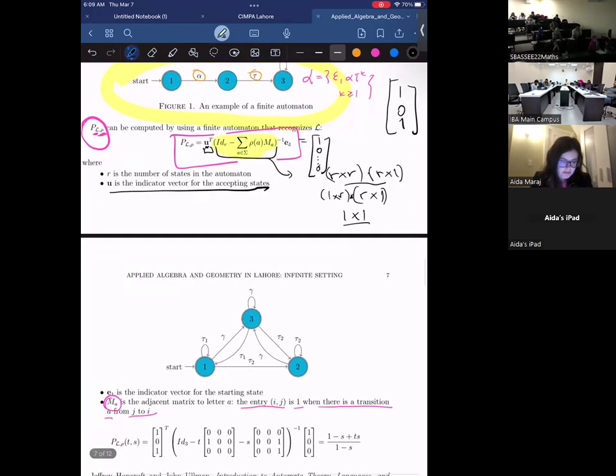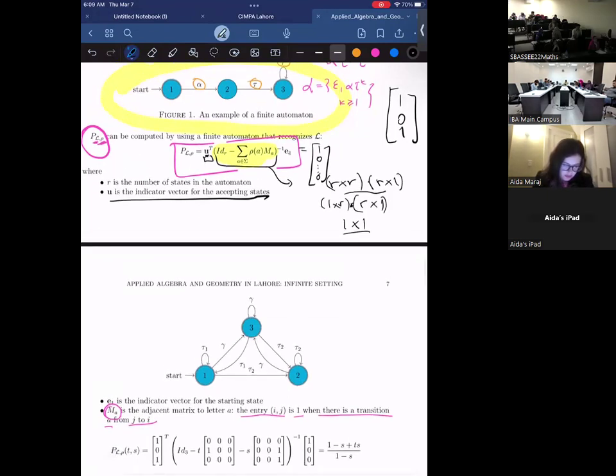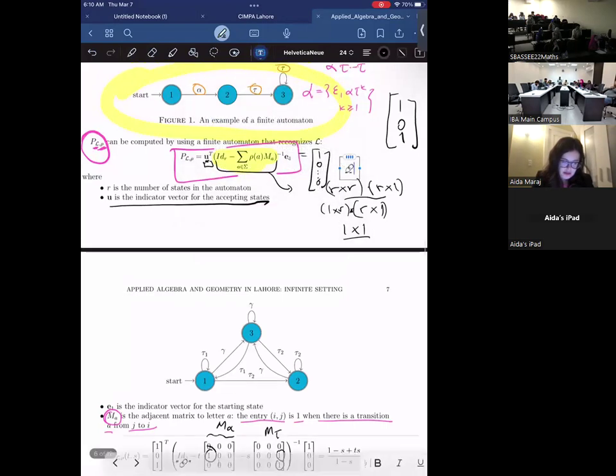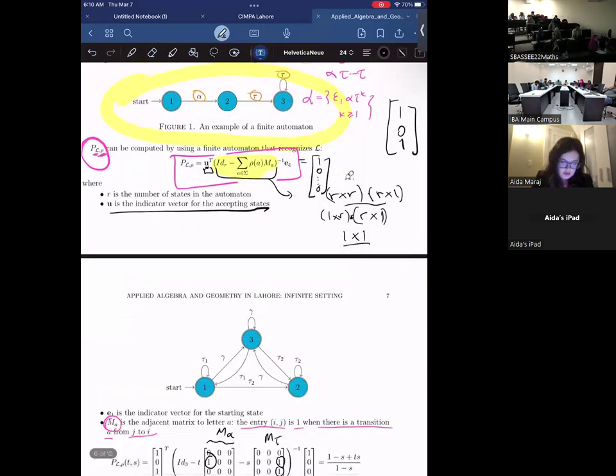For instance, in that example, for alpha we have this M of alpha. We have only one 1, in position 2,1, because there is this edge from 1 to 2 indicated by alpha. And for M tau, we have 2 ones, in positions 2,3 and 3,3, because 3,3 is the loop.